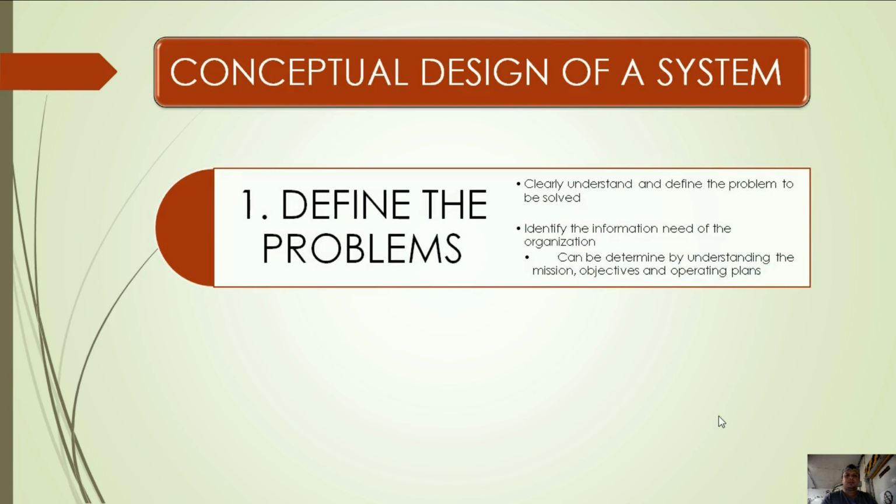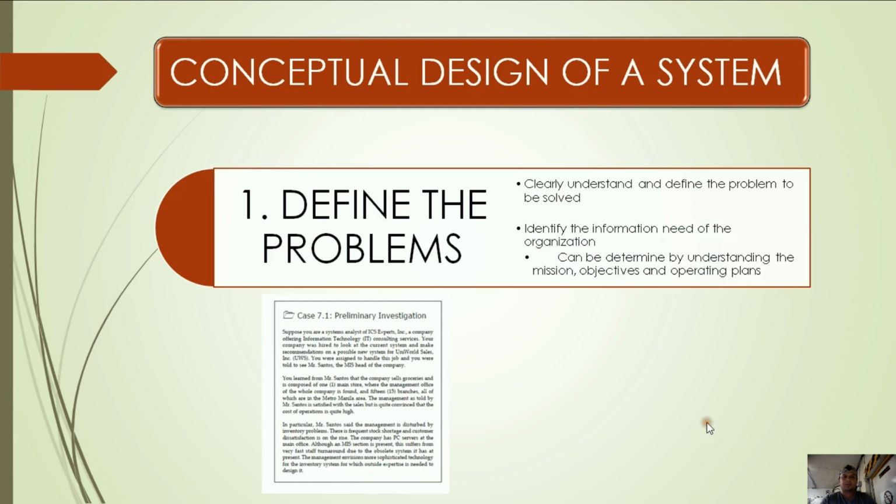First, we need to define the problems of the company that make it need a new system. So clearly understand and define the problem to be solved and identify the information needs of the organization. This information can be determined by understanding the mission, objectives, and operating plans of the organization.